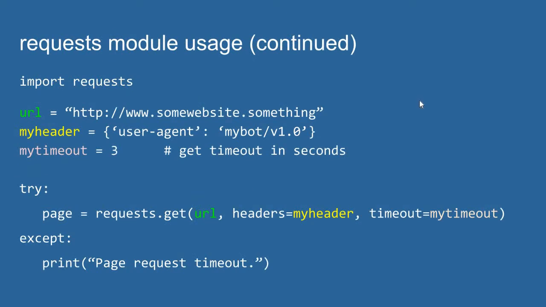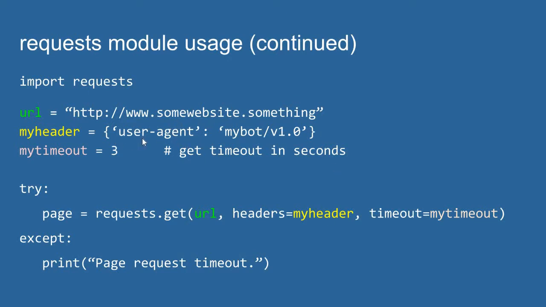And then there are some additional input parameters we can pass into the get method when we are trying to retrieve a web page. Here the first input parameter is the web address, the string URL. Then I'm going to attach a dictionary called a header. And in this header I can provide more information about myself.